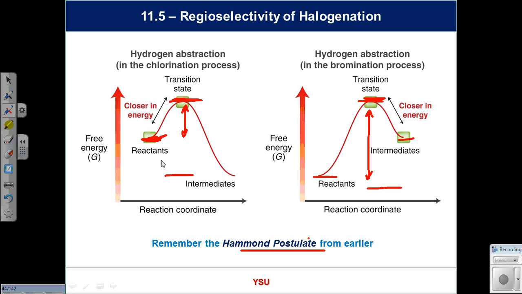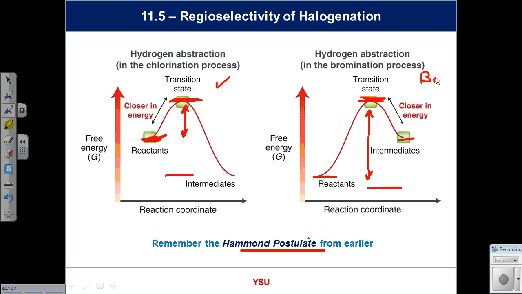situation. So in this example, you have a very, very, very reactive chlorine that just wants to become neutral and stable. And it approaches our molecule, and there is a sense of secondary versus primary, but not a great deal, because the chlorine is ruling the system. The chlorine wants a hydrogen, and it really doesn't care about which one it takes off. On the right-hand side, we have bromine.